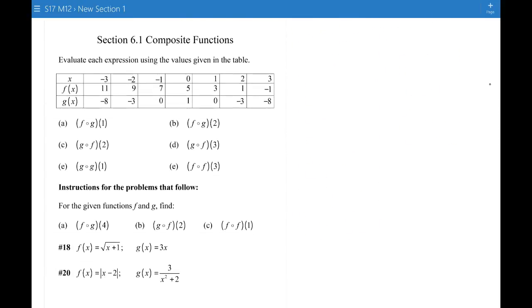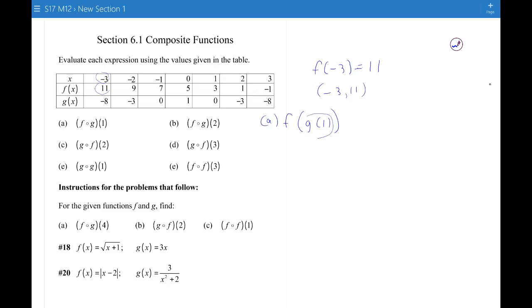So here's a little exercise where we're going to just practice with the notation, and here's a chart that says when x is -3, f of x is 11. So another way of writing this would be f of -3 equals 11. And remember, this tells us that the point -3, 11 is a point on the graph of this function. Okay, so the first one, f of g of 1, and I like to write it like this better, but you'll see all the problems in the book use the little circle notation.